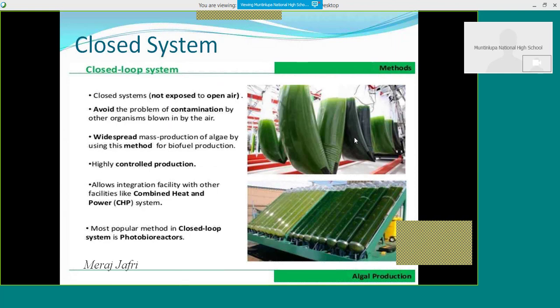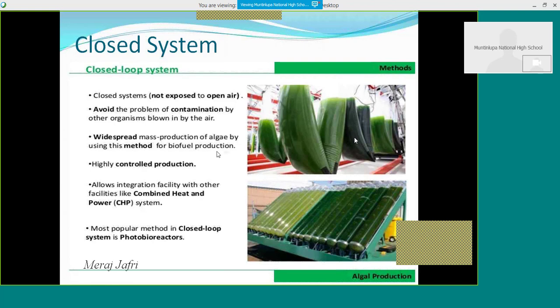Let's proceed to closed systems. Here's an example of a closed loop system under the closed system or closed ponds. Those systems are not exposed to open air, so you avoid the problem of contamination in culturing algae. That's why we create closed systems, so that other organisms may not be blown in by the air.